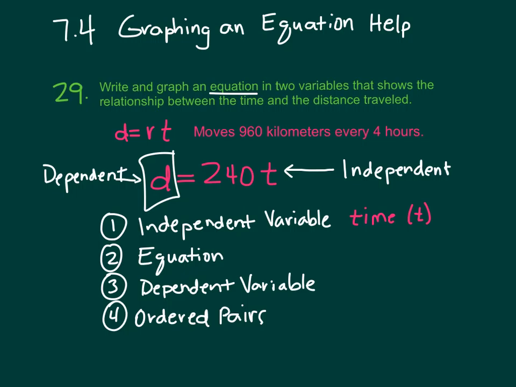My equation is D equals 240 T. My dependent variable is my D for distance. And my ordered pairs would be my independent variable first, my T, and my dependent variable second, my D. Just remember that this still is my X and my Y. We're just using different variables to represent them.